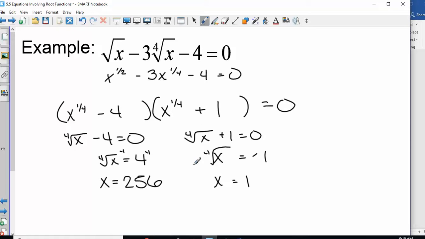Okay, so square root of 256, or you could do 256 to the 1/2 if you prefer, minus 3 times the fourth root of 256 minus 4.